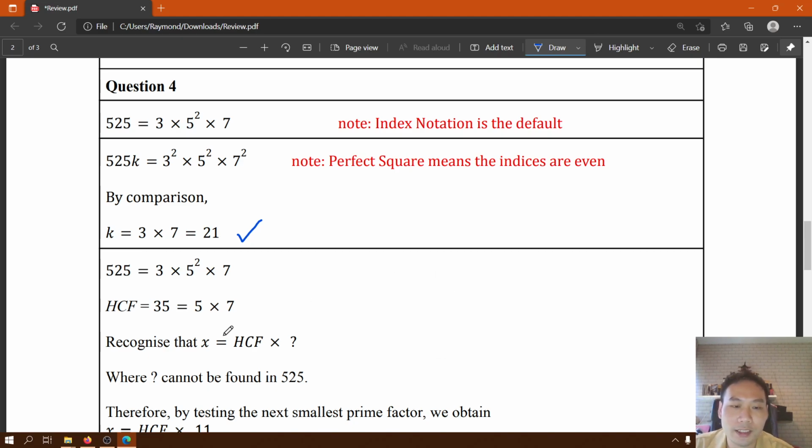So if I say x is HCF times, let's say y, and y is a factor inside 525, then actually my HCF is not 35. My HCF will be 35 times y, right? So it cannot be inside 525.